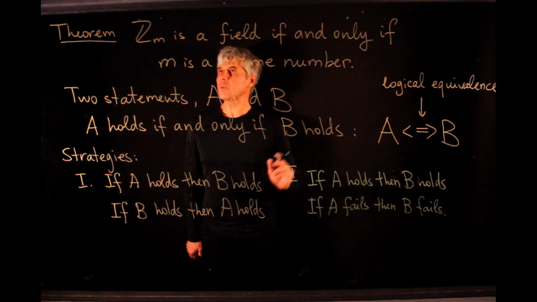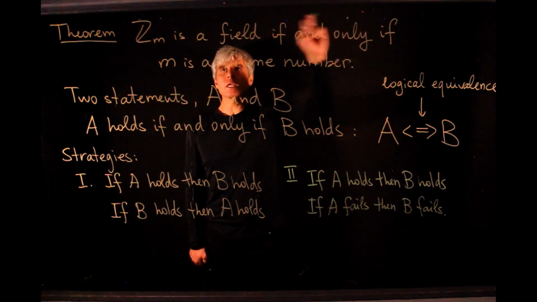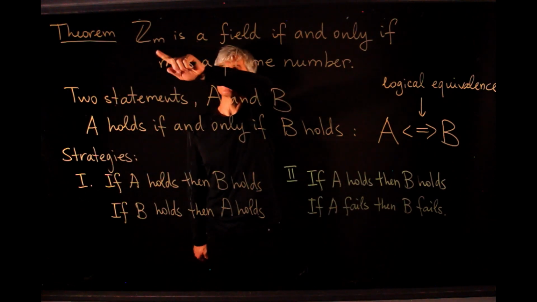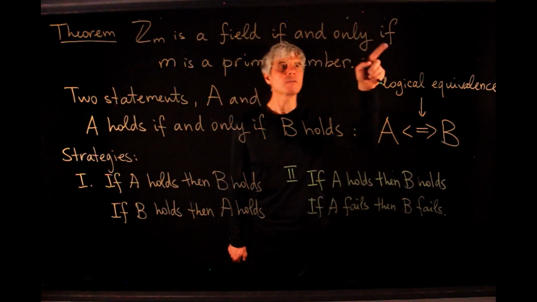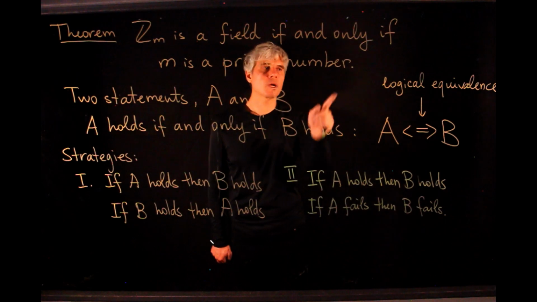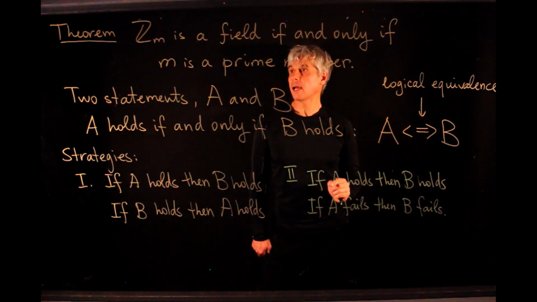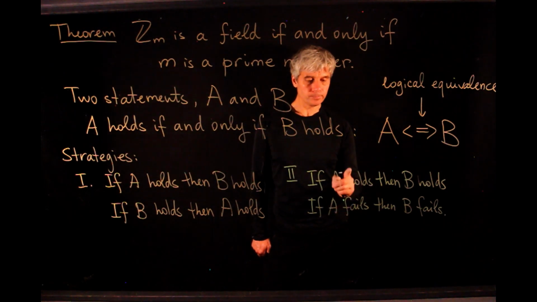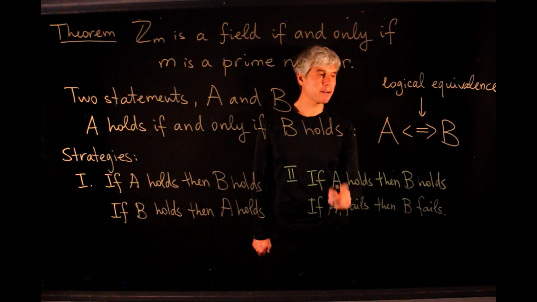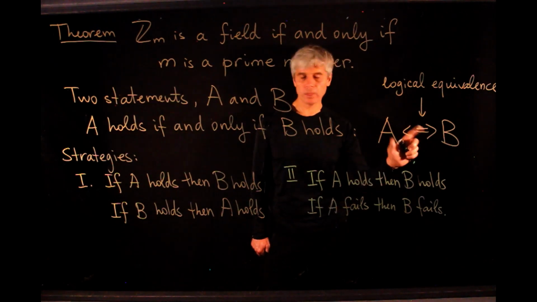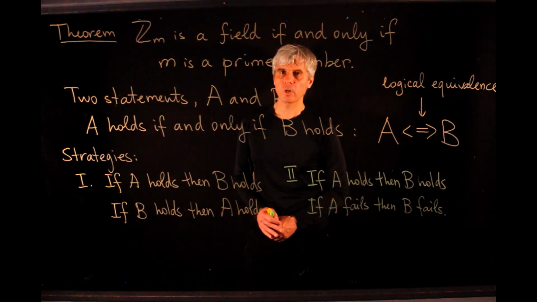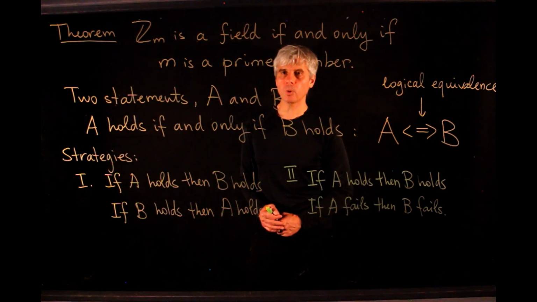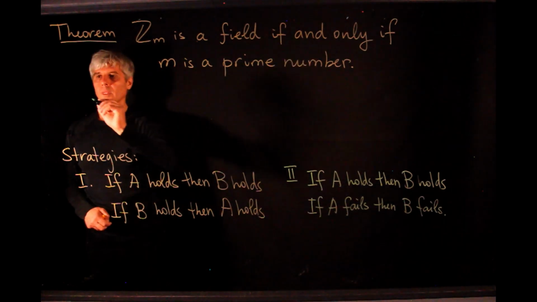And when we prove this theorem, here we need to prove that Zm is a field if and only if m is a prime number. So we're going to follow the second strategy, but maybe with A and B switched. What we're going to do is to prove the following pair of claims.